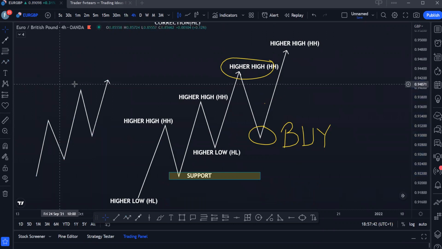We don't buy here because this is not a low point in the market. If you want to buy, into an area of support.